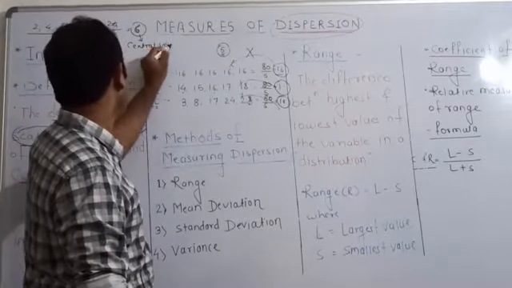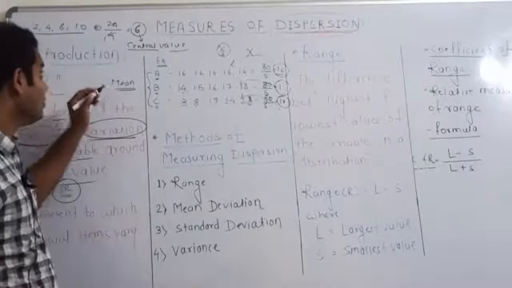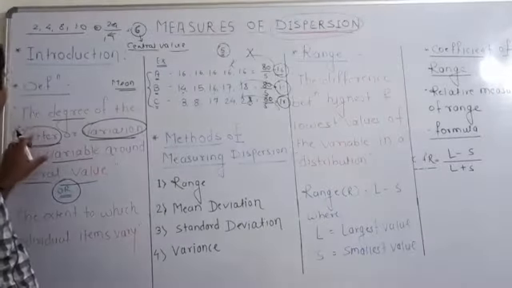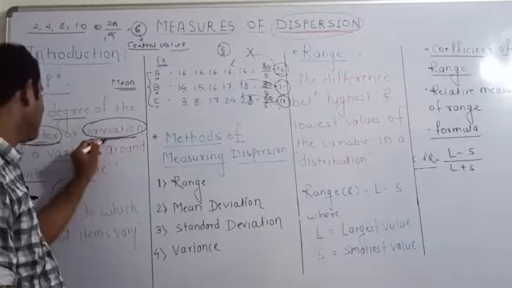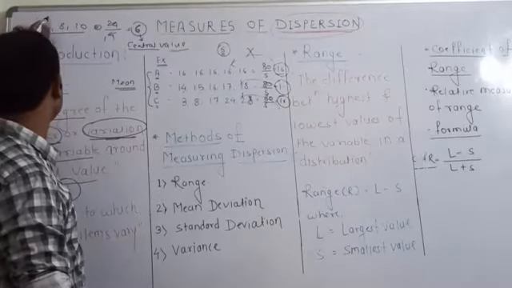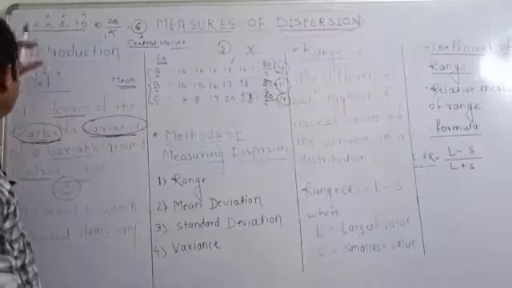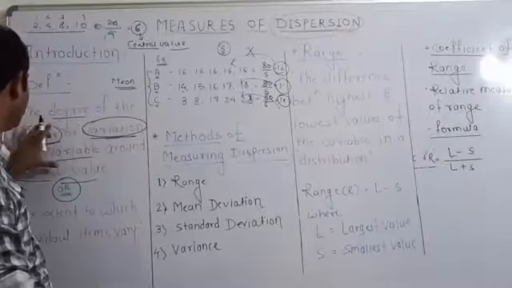So that 6 is your central value. Now, what is this dispersion? See the definition: the degree of scatter or variation of a variable.